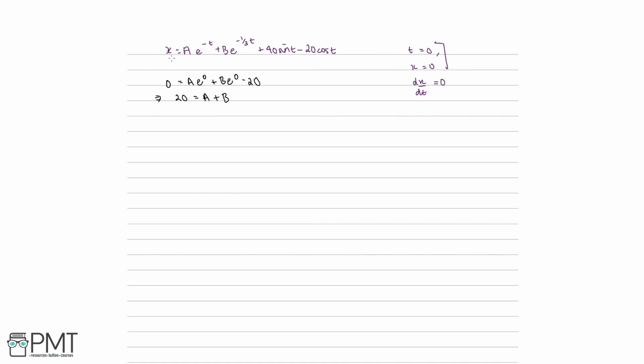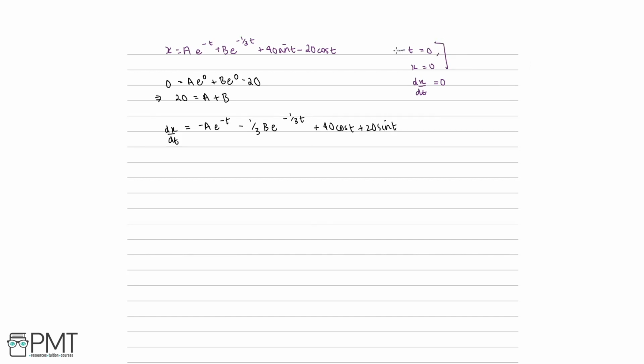Now let's differentiate our general equation to give us a value of dx by dt. So dx by dt is equal to minus a e to the minus t, minus a third b e to the minus a third t, plus 40 cos t, plus 20 sin t.